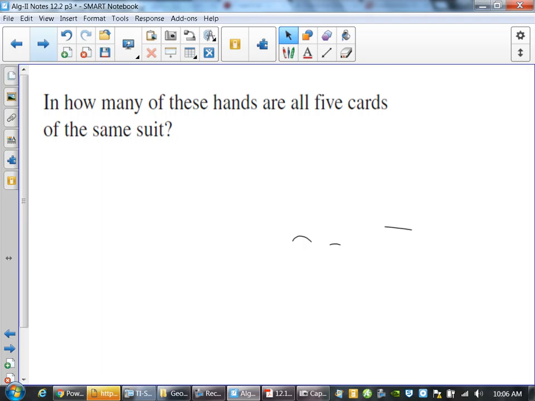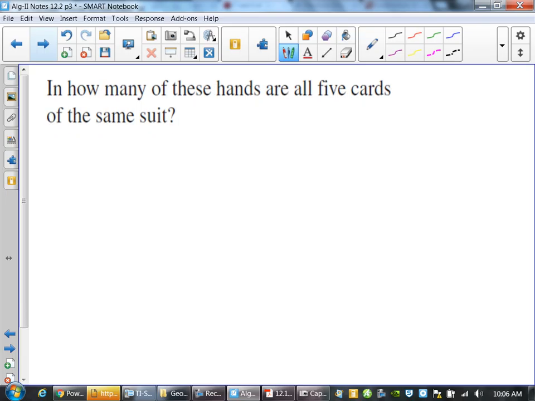How many suits are there? 4 of them. You need to pick how many of them? 1. You have 4 suits, pick 1. And then you multiply that to your combination line. So you start to figure out how many of them are there. Of how many of these hands are all 5 cards the same? So it's 4.